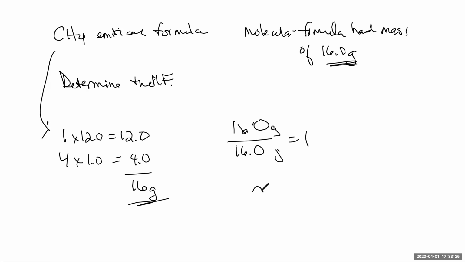And it turns out for this formula, CH4 is the empirical formula, but it is also the molecular formula because n is equal to 1. That happens for several compounds, so it's not uncommon that the empirical formula and the molecular formula turn out to be the same thing. Here's one where that's not true.